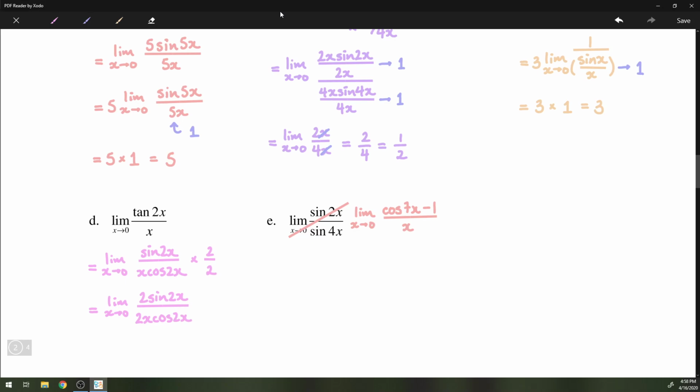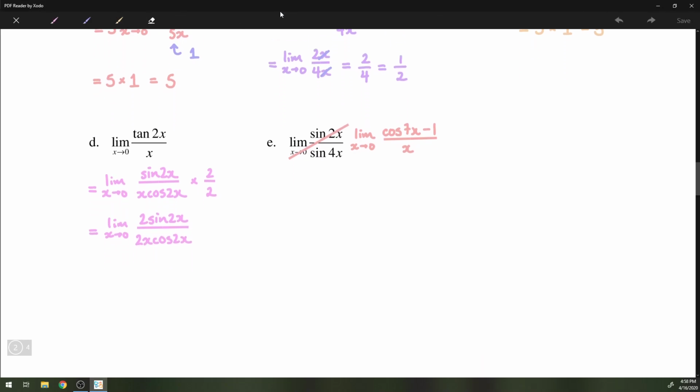Now we're going to rearrange this slightly to make it a little bit easier for us. So we're going to arrange it as a product of 2 terms. The first term will be, of course, sine 2x over 2x, because we know that limit is easy to evaluate. And then multiply by 2 over cosine 2x.